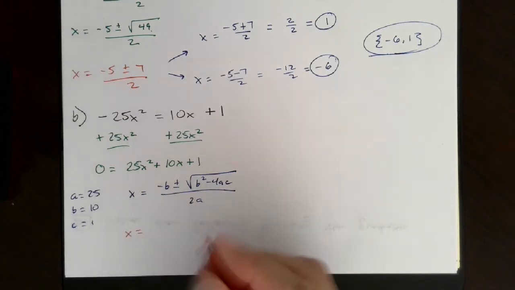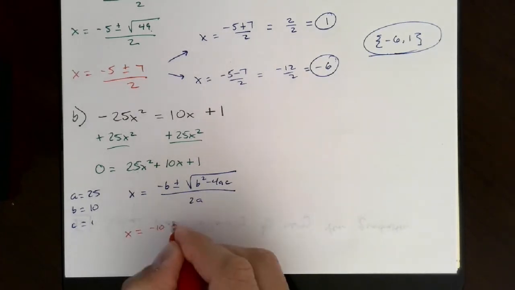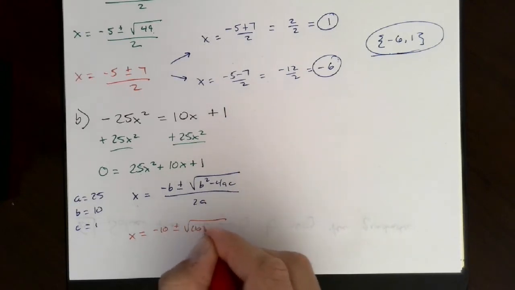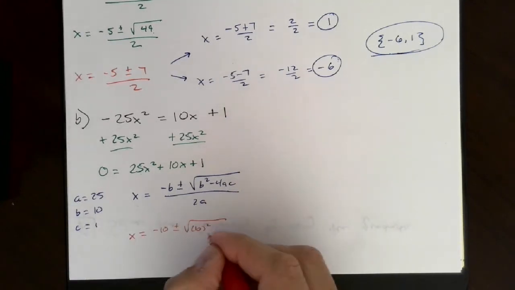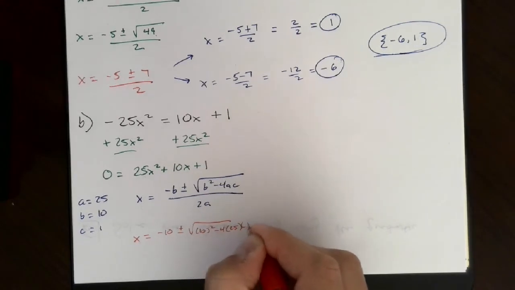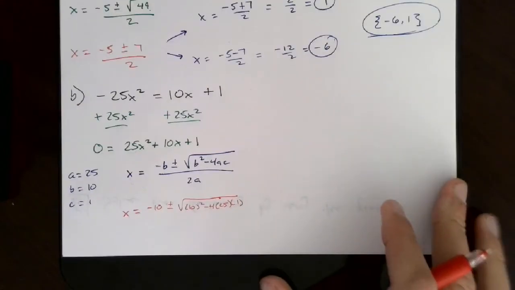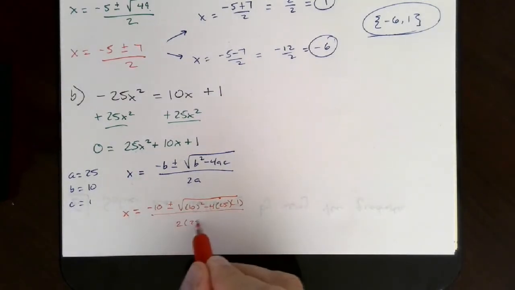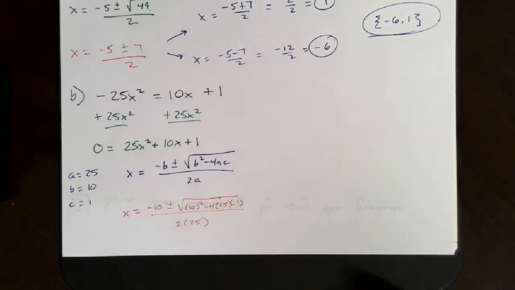And you get x equals negative b, which would be negative 10, plus or minus the square root of b squared, so that's 10 squared, minus 4 times a, which is 25, times c, which is 1, and that's all over 2 times a, so it's all over 2 times 25. All right, and then we'll simplify this.